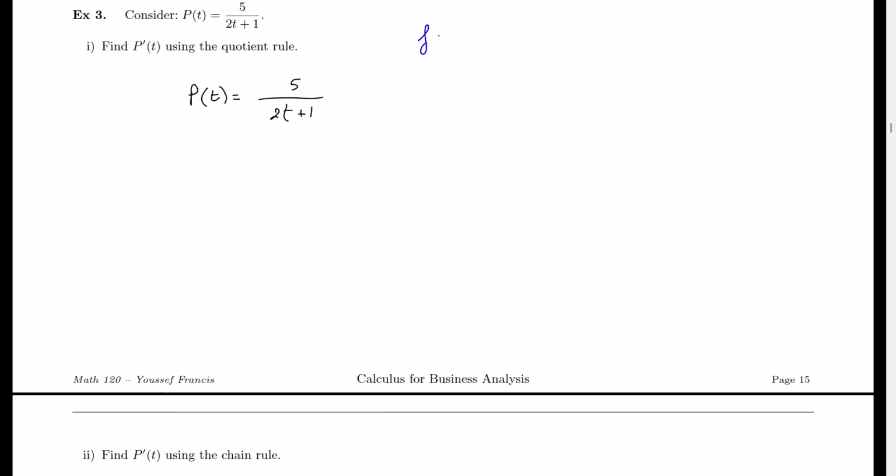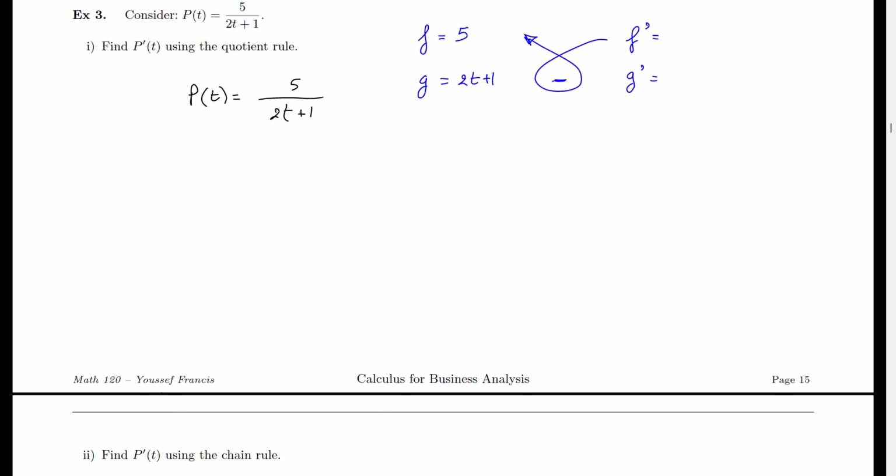So first, for the quotient rule, I'm going to set up two functions, the f and the g function. Then I'll need to find their derivatives individually. And then I'll have to multiply some stuff and subtract along the way. This is basically the stuff we described in a previous section. The f function is the numerator, so that's 5. The g function is the denominator, which is 2t plus 1.